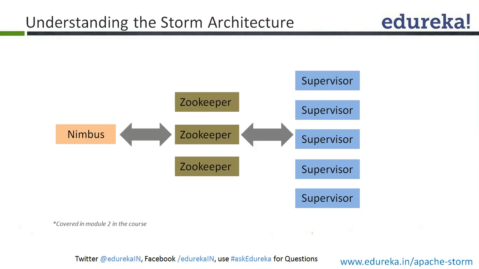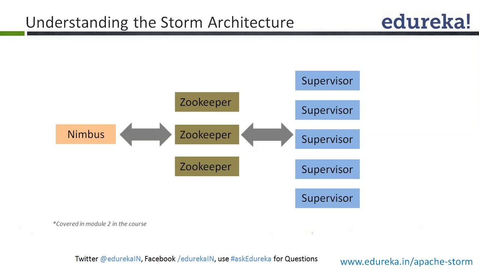Zookeeper is going to be responsible to make sure that your processes are running on each and every machine, and just in case it, let's say, fails, then whatever data went into that has to be reprocessed. That is something which you can control.